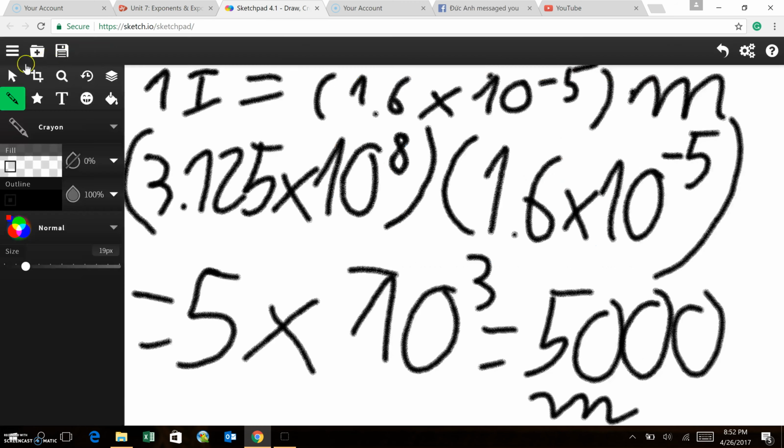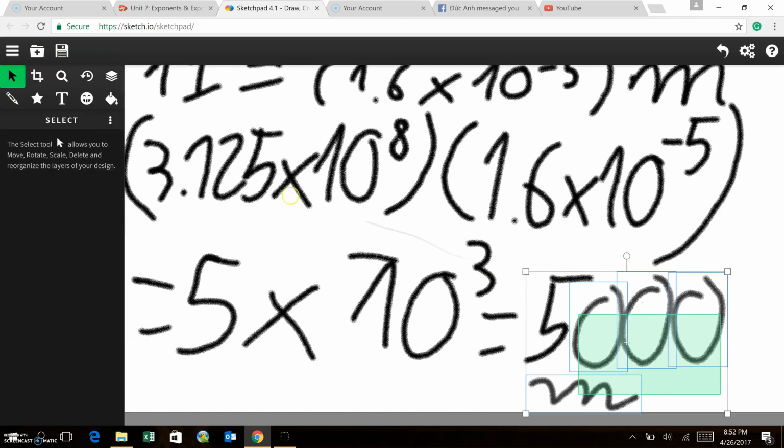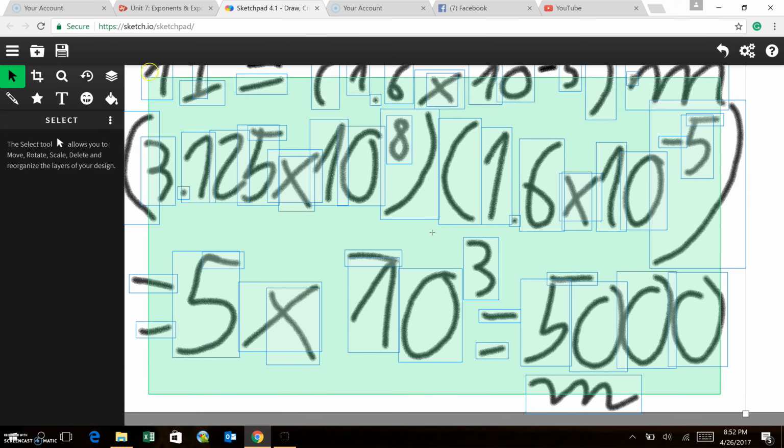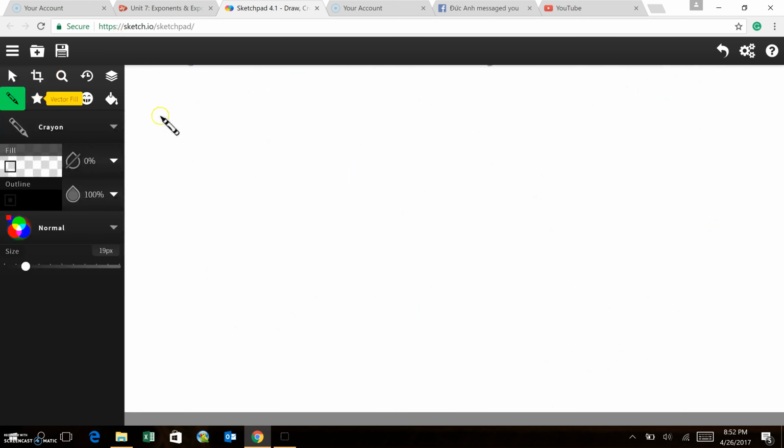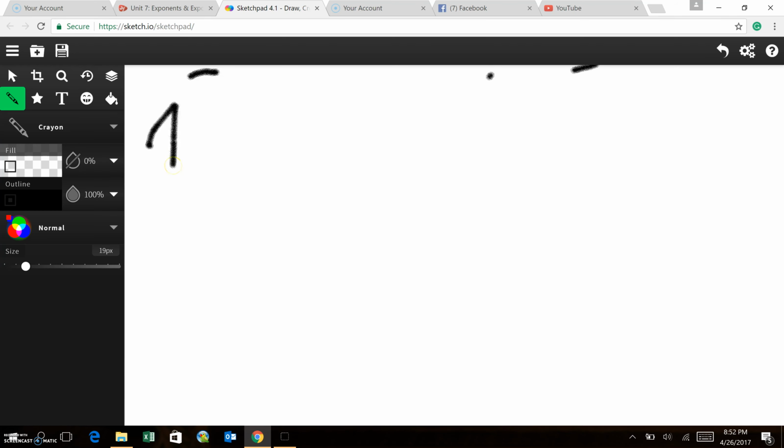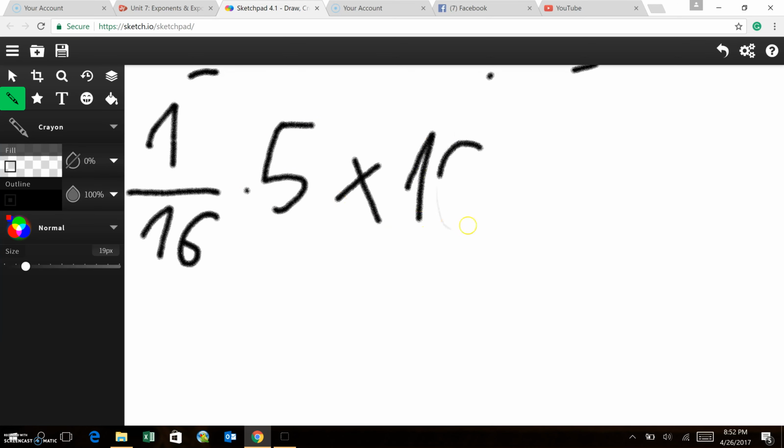So I'm gonna do just like question A, which is 1/16 times 5 multiplied by 10 to the power of 11.